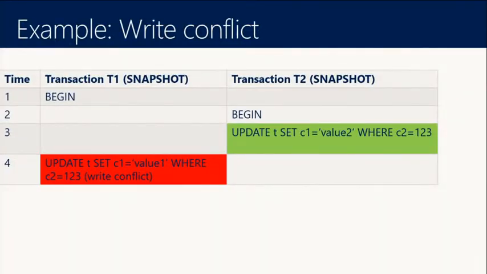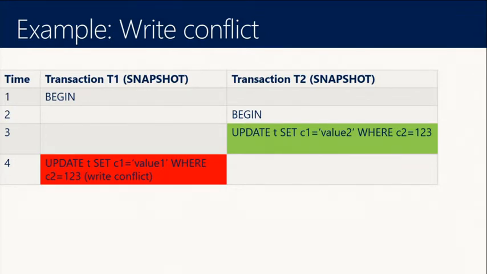So here's a simple example of a write conflict. This can happen with any isolation level, so even with snapshot. Let's assume we have here two transactions, T1 and T2. They both execute under snapshot isolation, and they attempt to update the same row. Now, in this case, transaction 2 was first. It wrote to the row first.